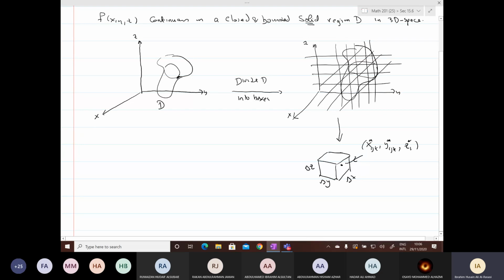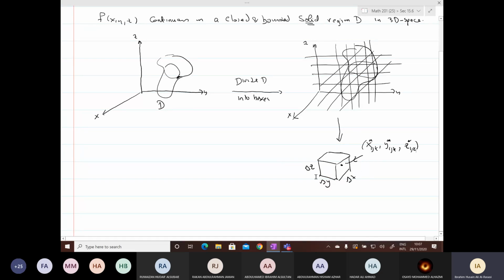Here I have to take three subscripts: i for the lines parallel to the x-axis, j for the lines parallel to the y-axis, k for the lines parallel to the z-axis.